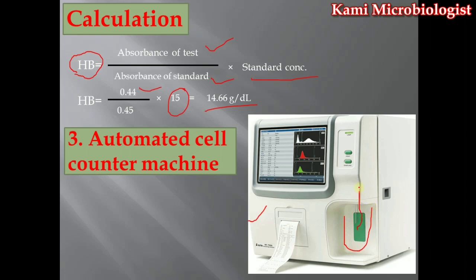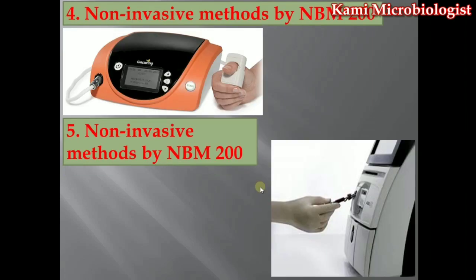Then the needle will be drawn into this machine, and after 5 minutes it will give you the hemoglobin concentration. Not only the hemoglobin concentration, but all the other CBC parameters as well, like WBC count, DLC, TLC, MCV, MCH, everything it will give you.